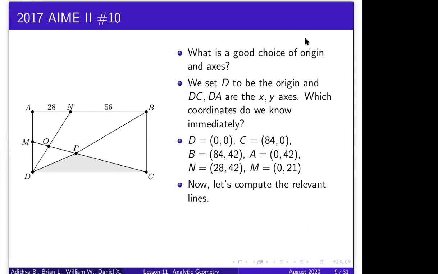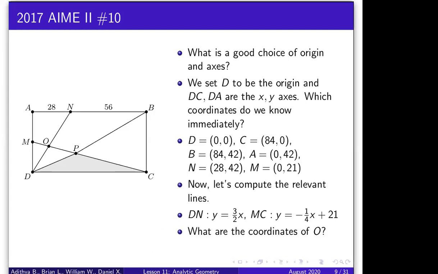And yep, I think that's right. CM is going to be x plus 4y equals 84, and we can also write it in slope-intercept form as y equals -1/4 x plus 21. So now intersecting them is going to give point O. So we just set the two right-hand sides equal to each other to find the x coordinate for O. Can anybody tell me what that should be?